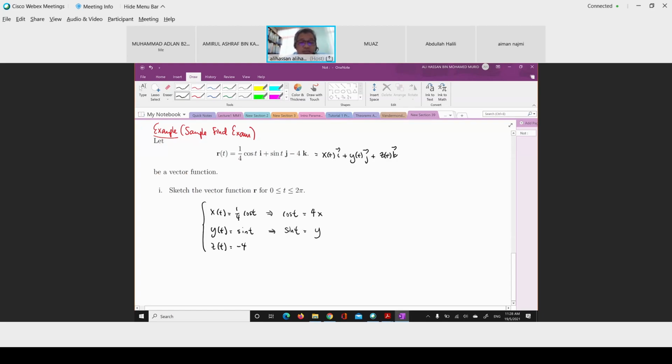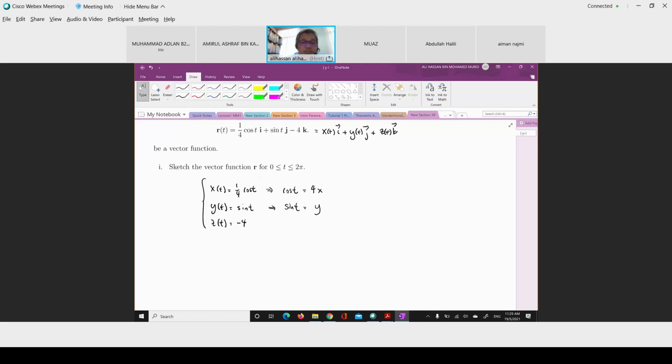So we can eliminate t from the identity cosine squared t plus sine squared t equal to 1. So we get (4x) squared plus y squared equal to 1. So this is 16x squared plus y squared equal to 1.